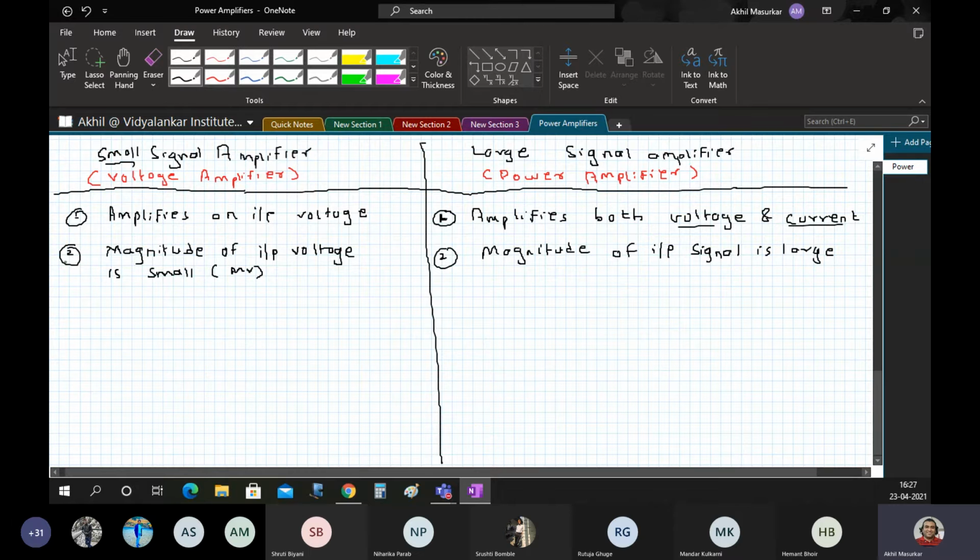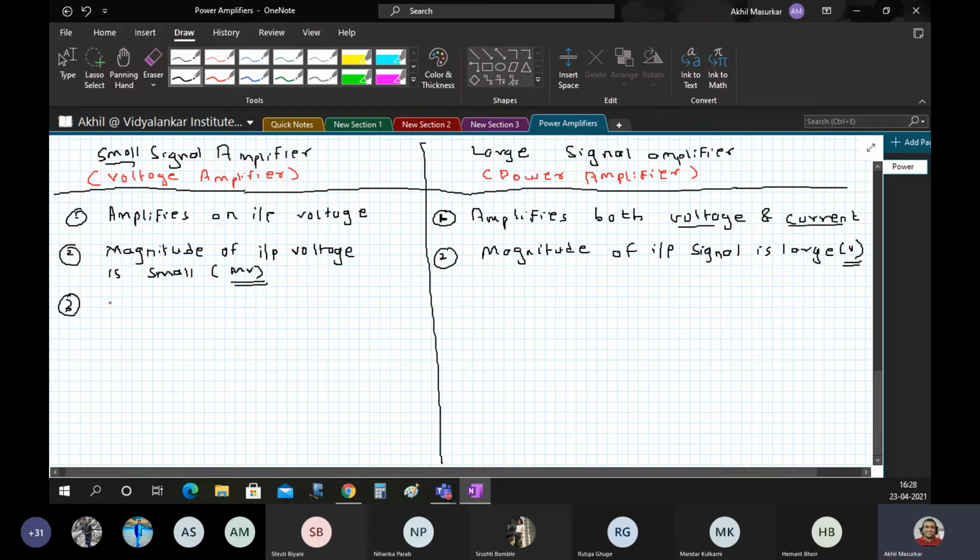So a voltage amplifier is known as a small signal amplifier because it accepts a very weak signal, something in millivolts, and here it accepts something in volts also. That is why it is called a large signal amplifier. The typical application is the output of a microphone.